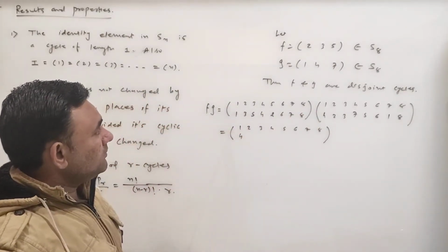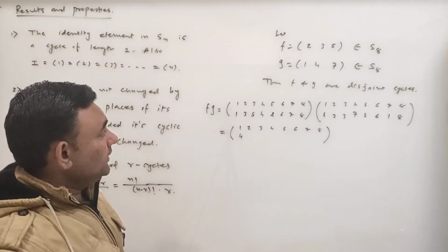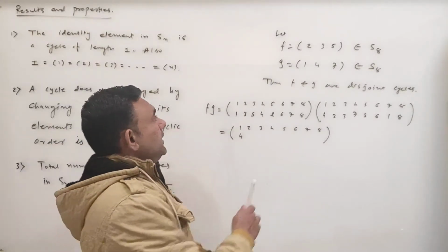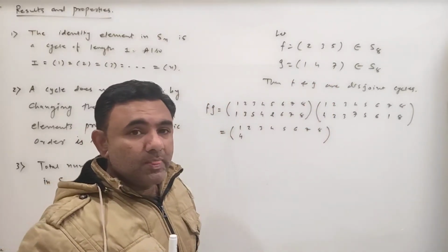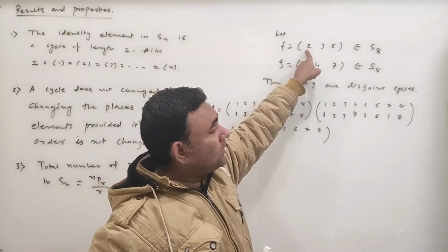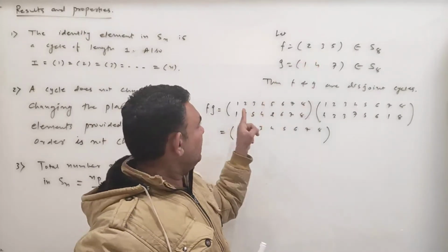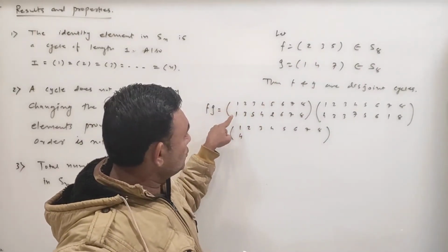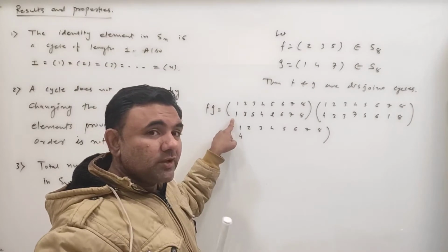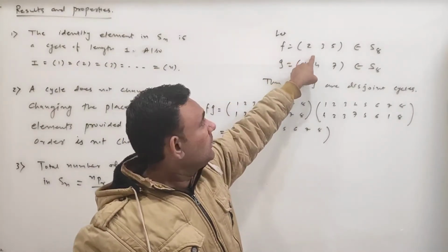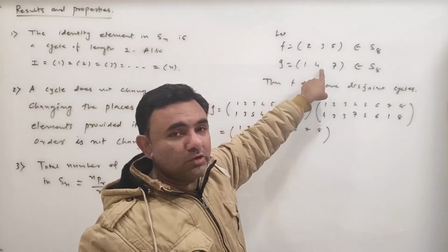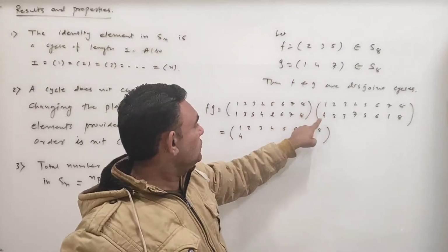So see what happened here: in f, 1 is not there, so 1 goes to 1. So 1 is invariant under f because 1 is not here. But here 1 goes to 4. So ultimately 1 goes to 4.